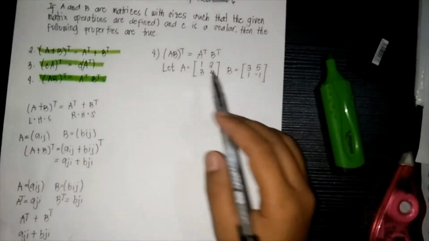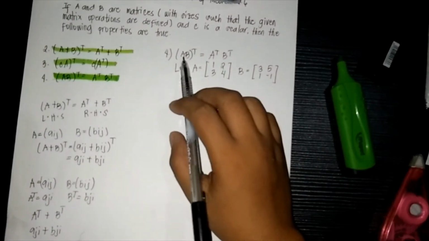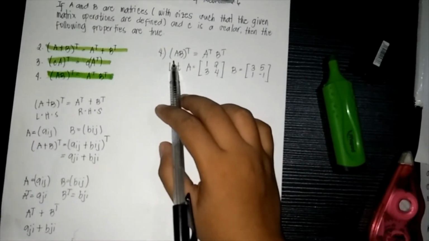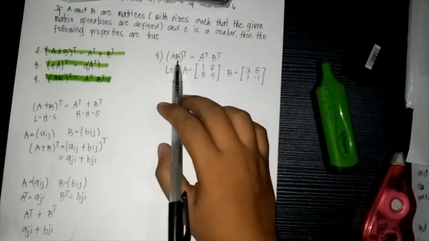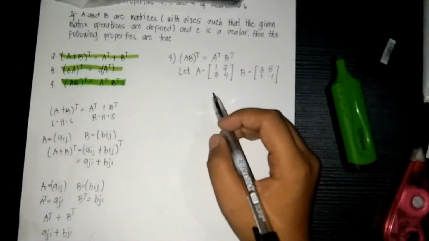The next thing we need to do is to prove the left hand side, which is (AB) transpose.